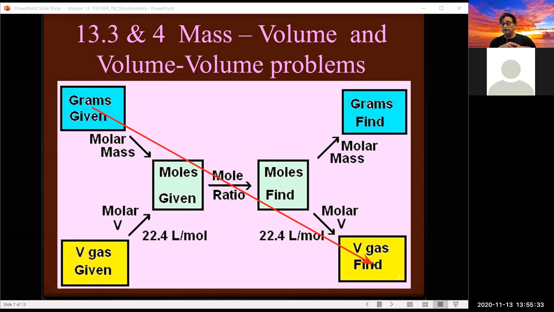And since we were at STP, we can simply use the 22.4 liter per mole relationship to give us the volume of gas. Depending on the question, we could have gone in that direction and given the answer in grams. But that is an example of that flow chart. We could have very readily started from the grams of hydrogen and worked backwards to calculate how many grams of the starting material we need.